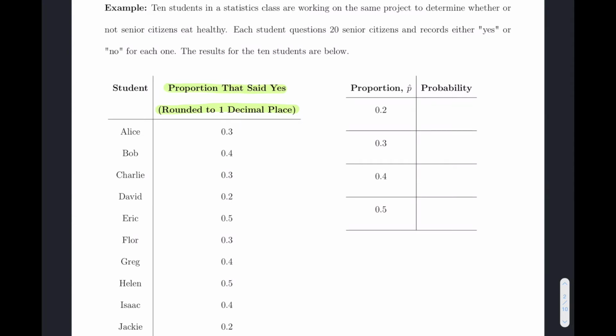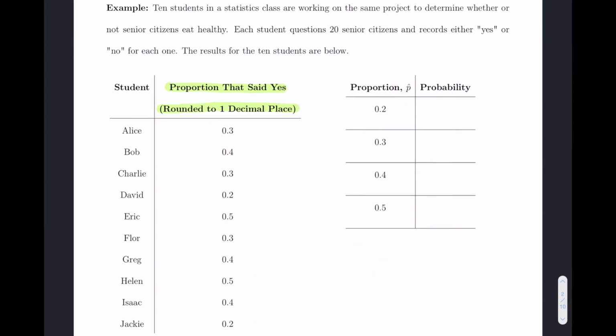And so we can construct a probability distribution for p hat. And when you do this based on the results from multiple samples, it gets called a sampling distribution for p hat, or simply just a p hat distribution.